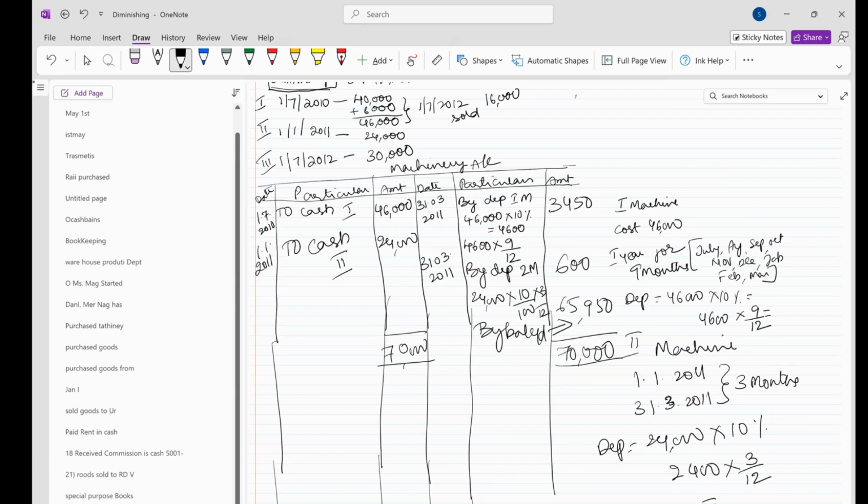Now next, on 1/4/2012, to balance brought down is 65,950.